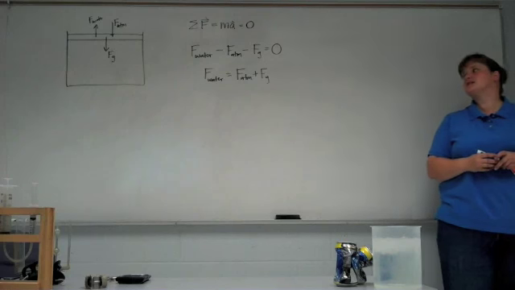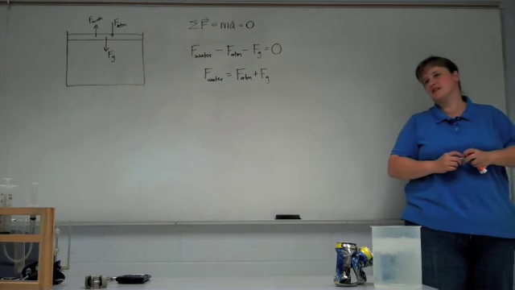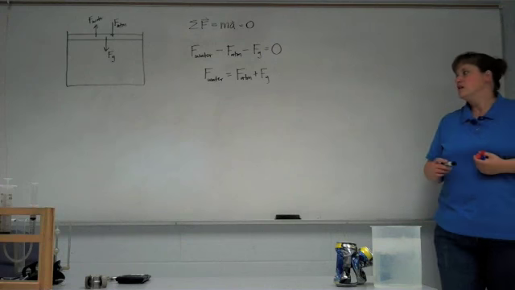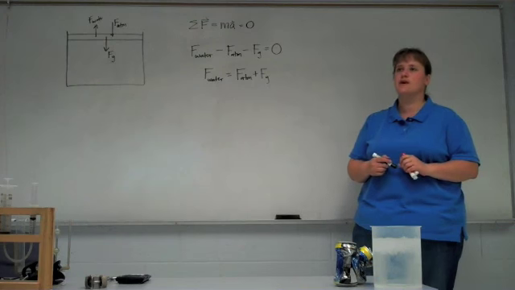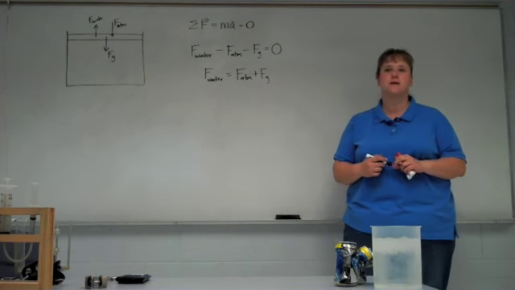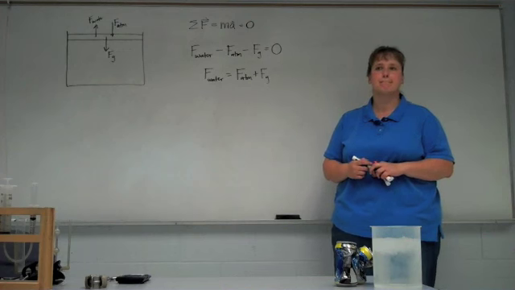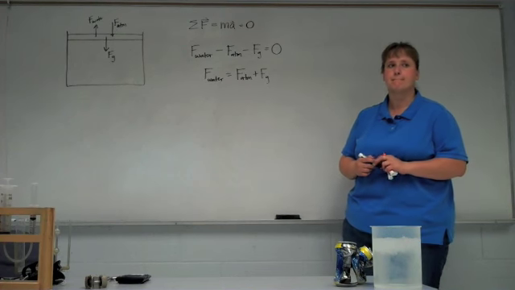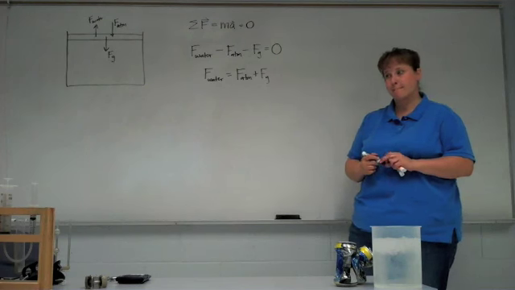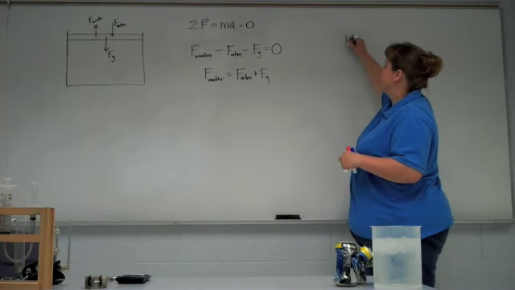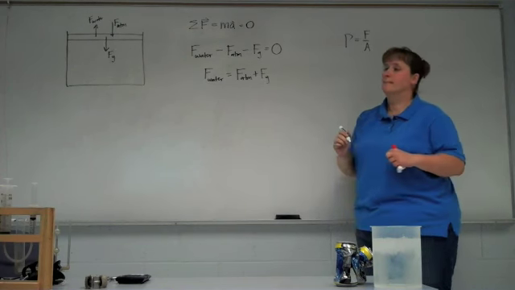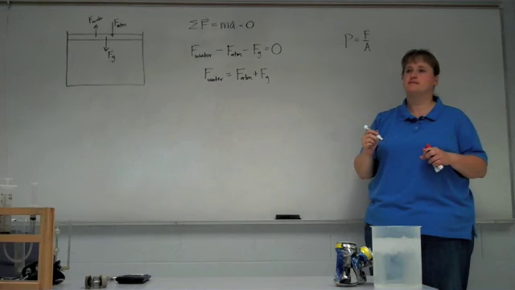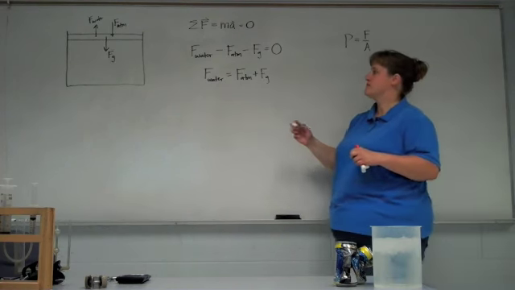Now, we don't tend to talk about force in and of itself. So let's write these in terms of pressure. How do I go from a force to a pressure? Pressure is force over area, so force is pressure times area.